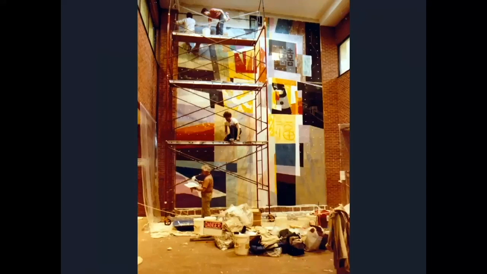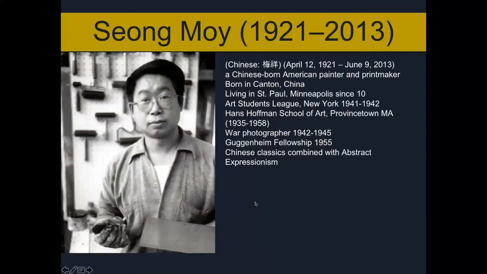What he is creating is a sort of color field or monochromatic painting style. So this is actually one of the large wall paintings that he created for a building. But he actually has another interesting twist in his life.